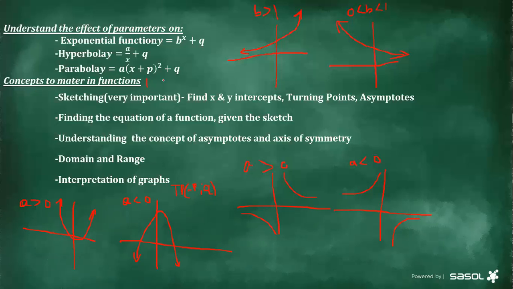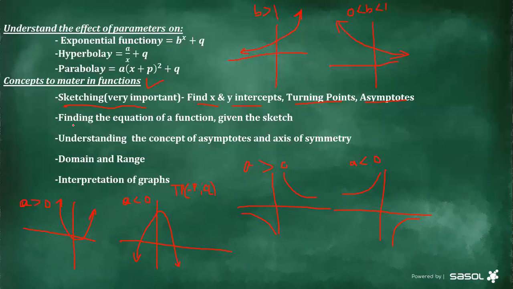And again, the things that we should also master under function: you must be able to sketch each function, such as exponential and parabola. You will only be able to sketch if you know how to find the x and y intercepts, the turning point for parabola, and the asymptote for exponential. Then you'll be able to sketch every graph.